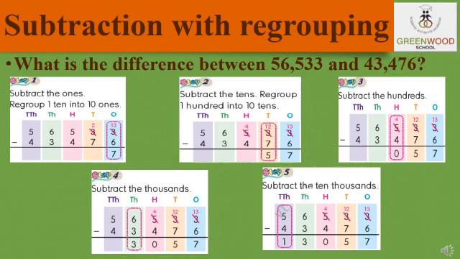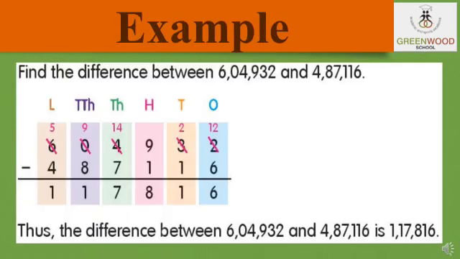Now we didn't give any number to the hundreds place, so we'll simply subtract 6 minus 3, which is equal to 3. And the last step 5, subtract the 10,000s, that is 5 minus 4, which is equal to 1. So our answer is 13,057. Let's see one more example.